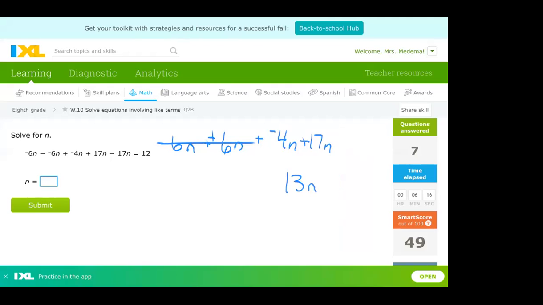I forgot this right here. There. So these two combine to get 13n, then minus 17n, and you would add the opposite. So you're going to subtract them and get 4. Bigger number is a negative, and then bring down the 12, divide by negative 4, divide by negative 4, n is negative 3.